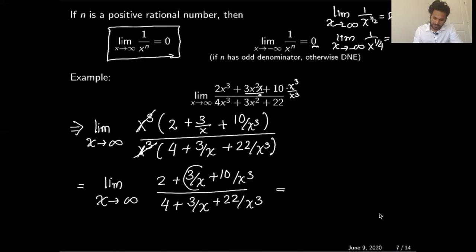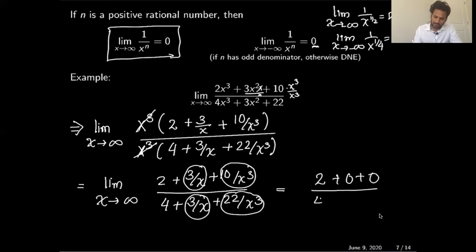So this term, a number over a very large number, is 0, and the same thing, this is 0. When x is in the denominator and you are approaching x to infinity, all these terms vanish. So this is 2 + 0 + 0 divided by 4 + 0 + 0. So your final answer is 2 over 4, which is 1/2.